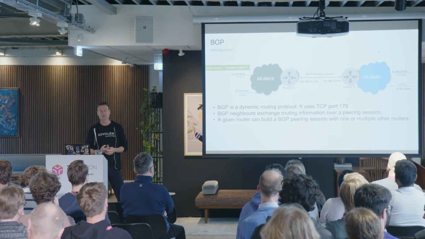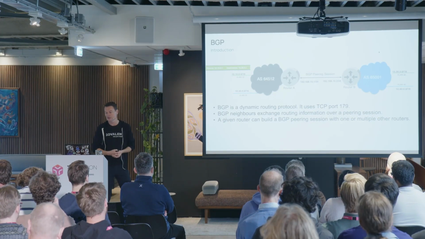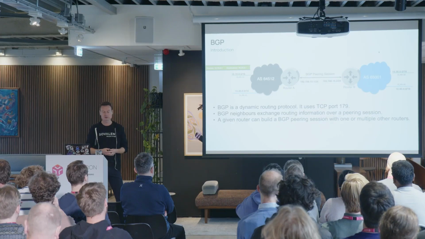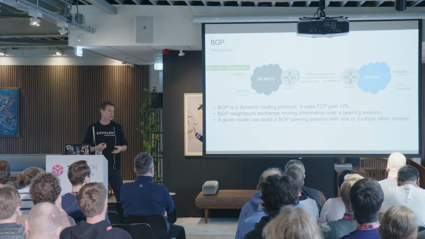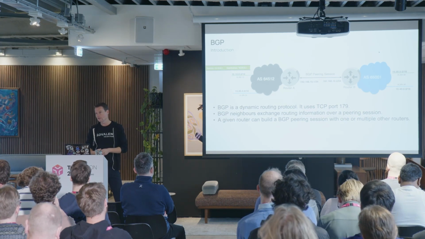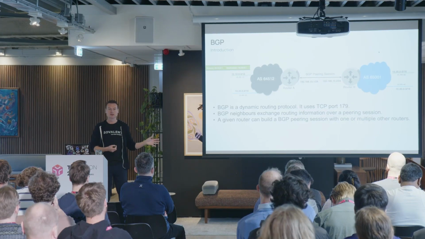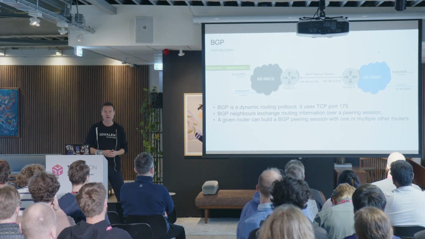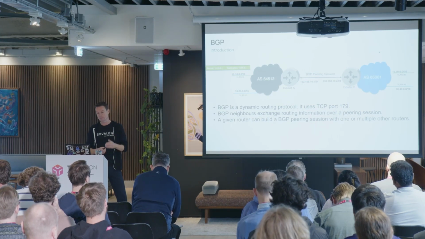In short, BGP is a dynamic routing protocol. Our internet is built on that technology. It's a protocol which talks over TCP port 179. BGP routers can exchange routes based on BGP, and they can tell, for example, I'm router A, I know these networks, happy to meet you, and router B will explain, oh okay, hello, I'm router B, I actually know these networks, if you need access to these networks, come to me.